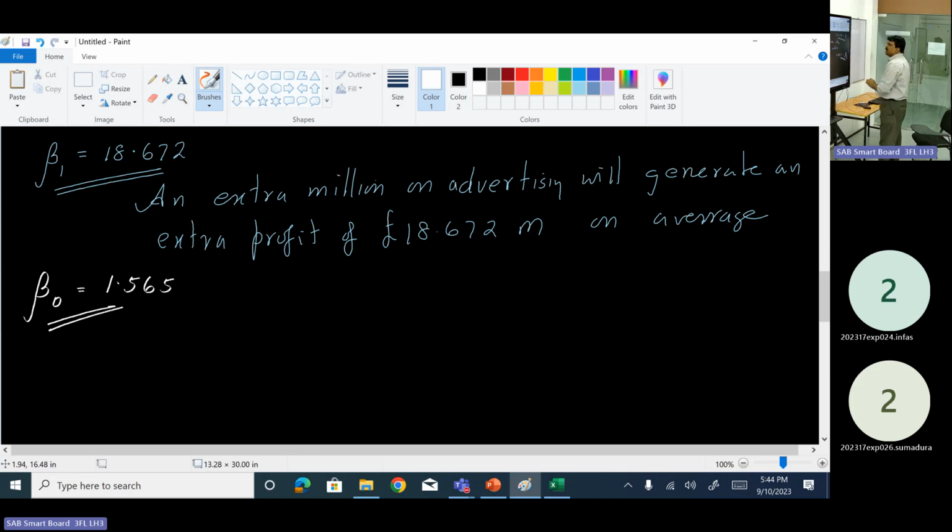Apply the idea. When x is 0, y will take beta naught. So x is advertising. So when the advertising expenditure is 0, profit will be 1.565. Advertising expenditure 0 means what? We are not spending anything on advertising. When we don't spend anything on advertising, profit will be 1.565 million.